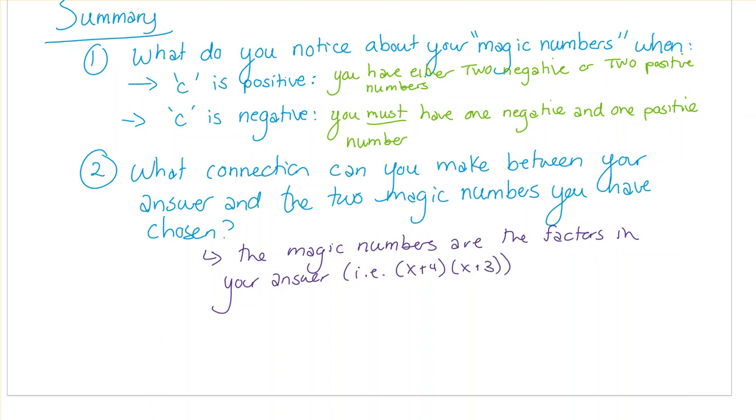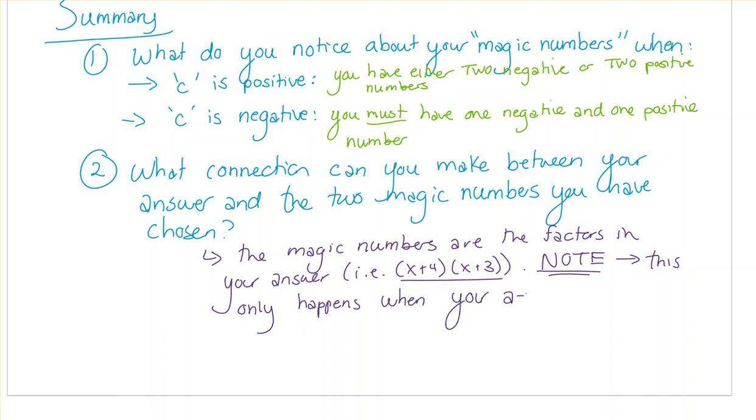What's in the brackets here is known as your factors, and the magic numbers you would have chosen were 3 and 4. However, note and make sure you have this. This only happens when your A value is 1.